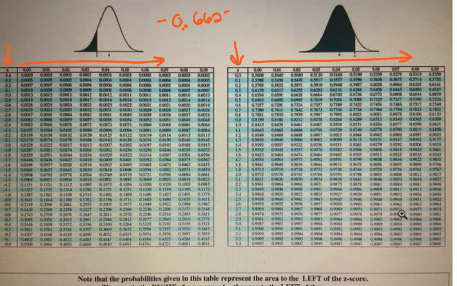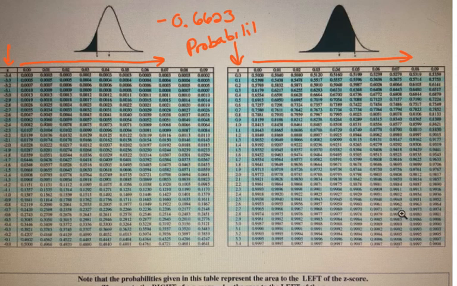A couple of ways to check that you have the right number: if your sample statistic is less than your population statistic, then your z-score will be negative, and if it's bigger, then your z-score will be positive. And so our z-scores are the rows and the columns, and then the probability is the inside of the chart.